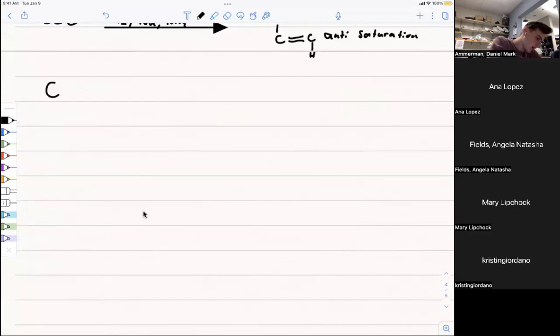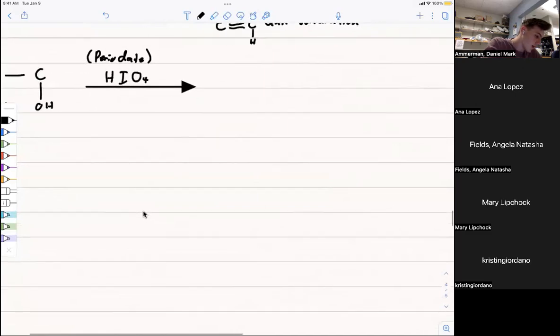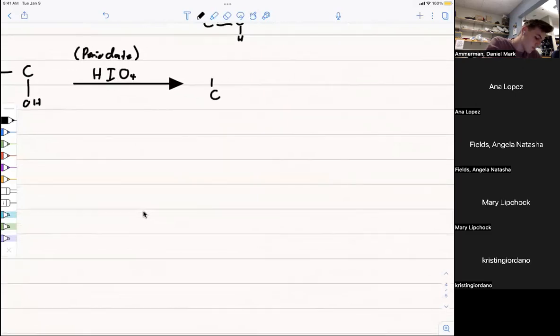So when you start with a diol, and you add periodate, which is HIO4, then you get cleavage as well.